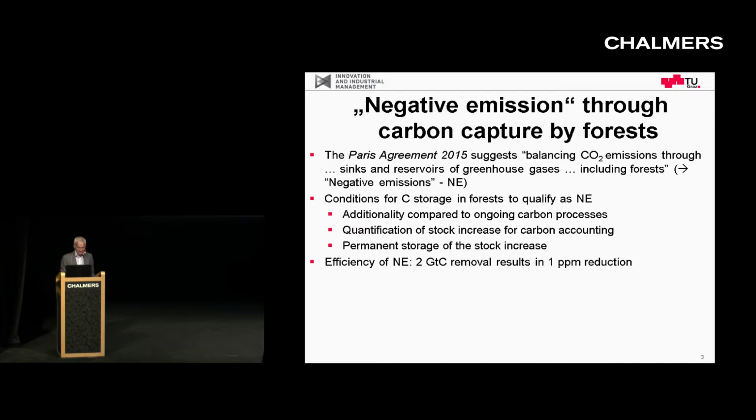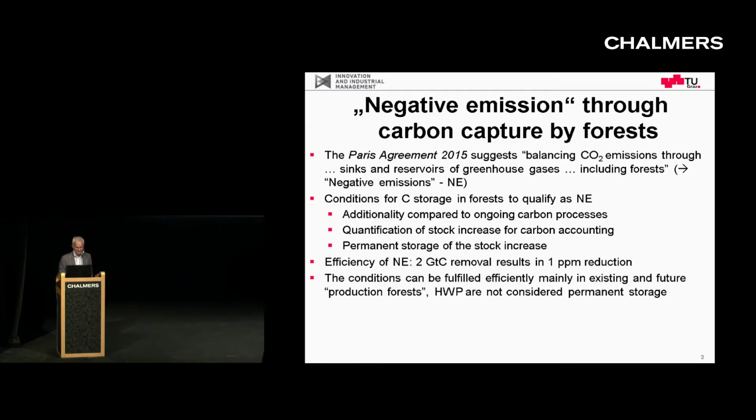Just to give you an idea of what we are talking about, when we remove 2 gigatons of carbon from the atmosphere, this will result in a decrease of 1 ppm from the 400 that we are at this point. The conditions mentioned above can be fulfilled efficiently, mainly in existing and future what is called production forests.